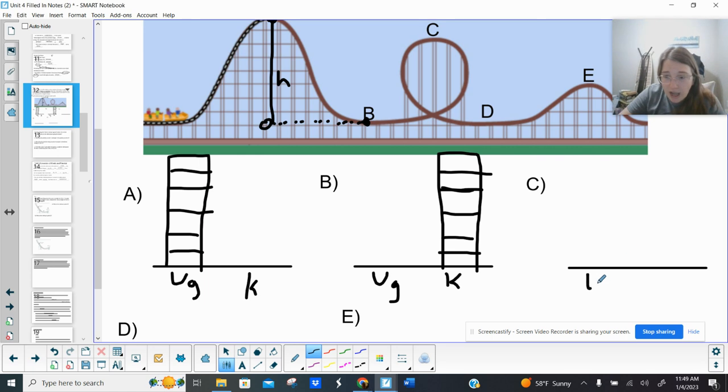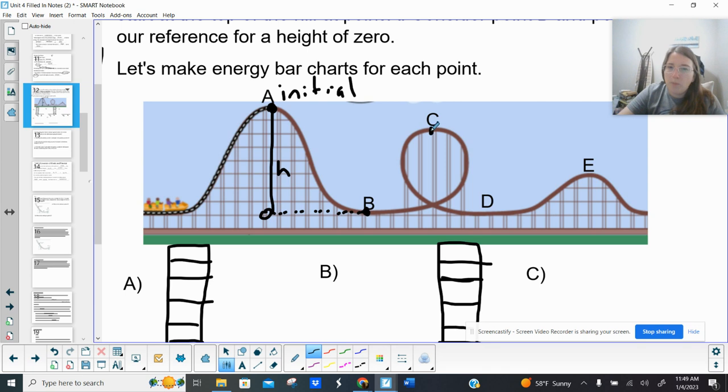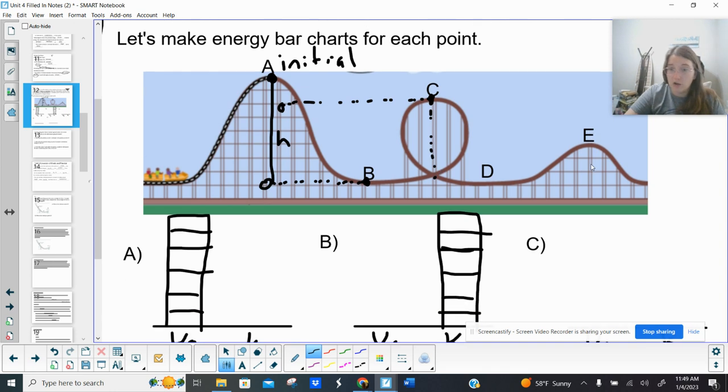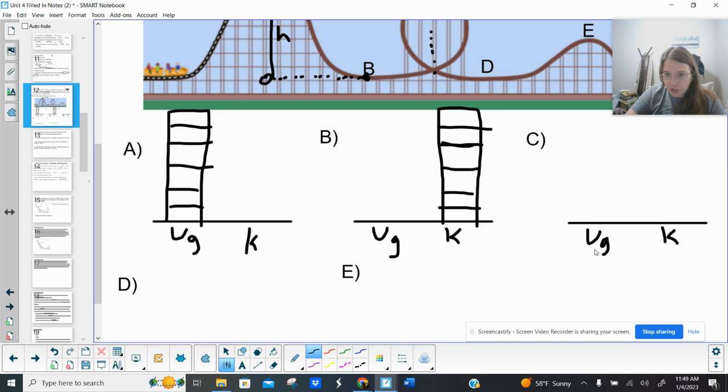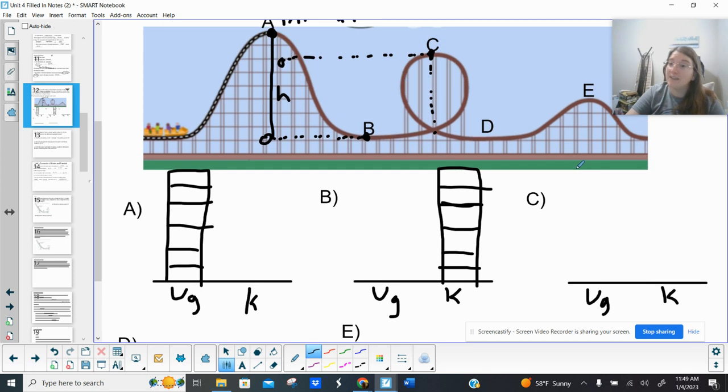So let's go ahead and say now UG versus K for point C. Well, for point C, if you notice, C is not as high as A, right? But C is high. There is a height here. So let's think about this then. For my potential energy, would it have a height of 6 like these guys do?